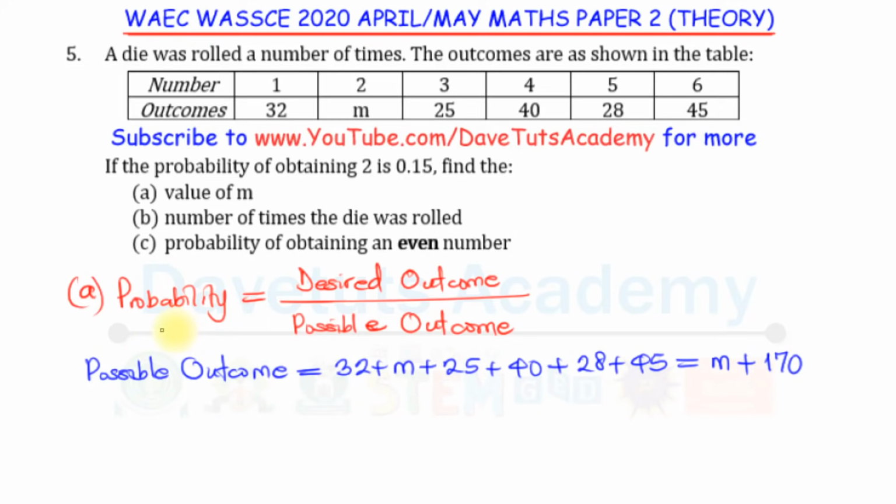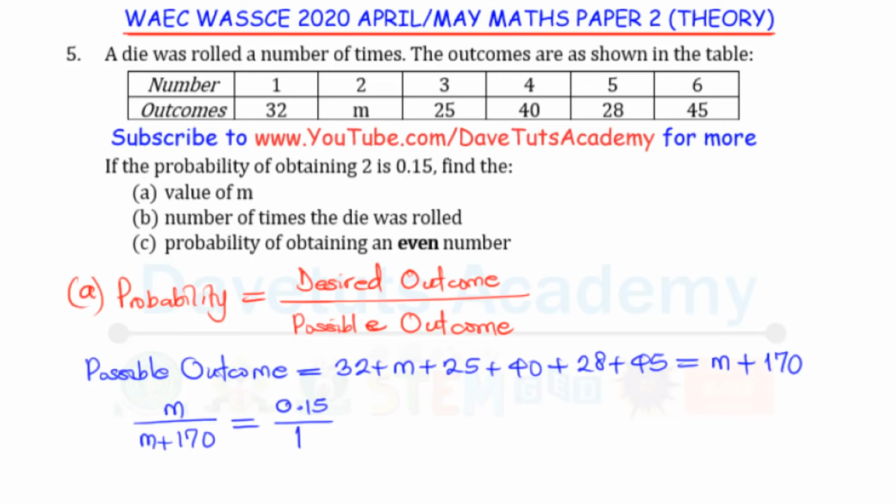From the definition, probability is desired outcome over possible outcome. That means that our desired outcome, which is m, over the total outcome, which is m plus 170, is going to give us 0.15. Or you can just write it as 0.15 over 1.